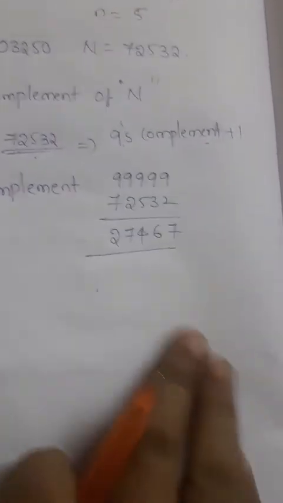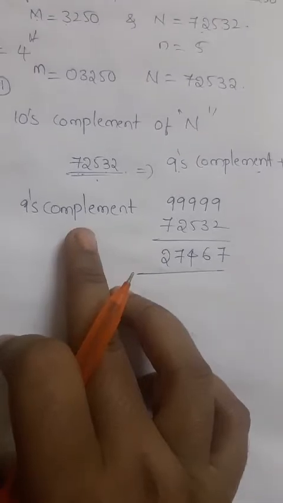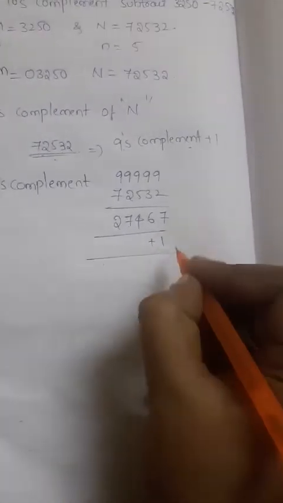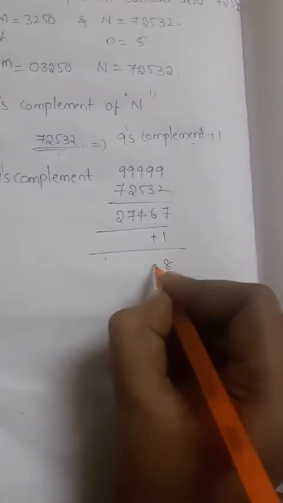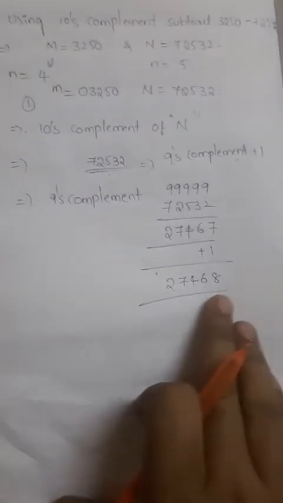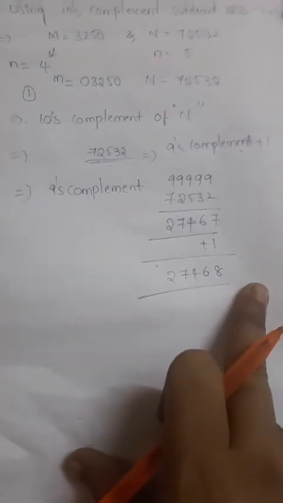The result is 27467, which is the 9's complement. To convert it to the 10's complement, we add 1 at the LSB position: 7 plus 1 is 8. So the tens complement of n is 27468. The second step is completed.